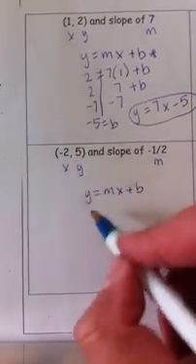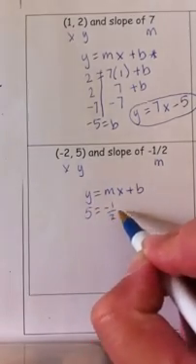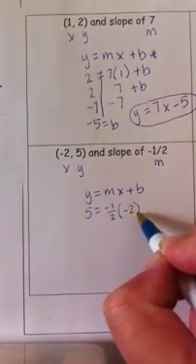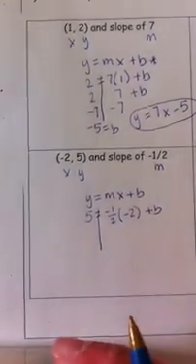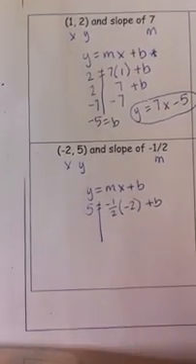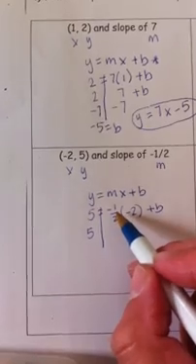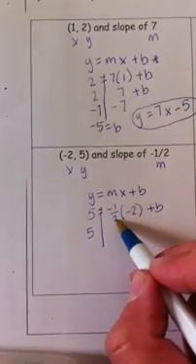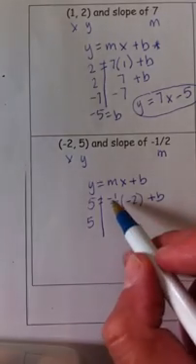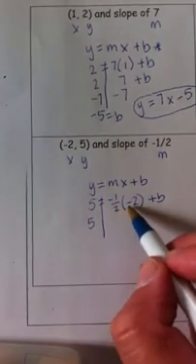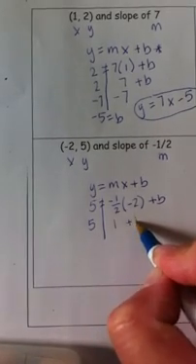We're going to fill in y is 5, m is -1/2, x is -2, and plus b. Alright, so bring down your 5. When you type this in, remember you're doing -1 divided by 2 times -2. Okay, so -1 divided by 2 times -2 is a +1 plus b.